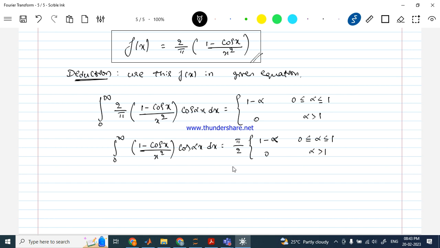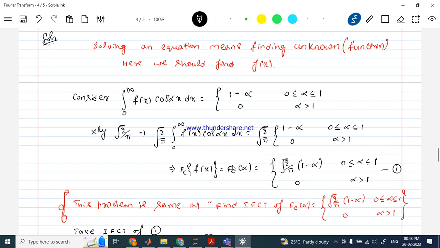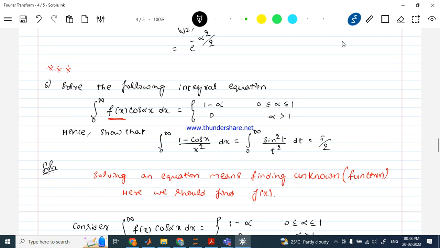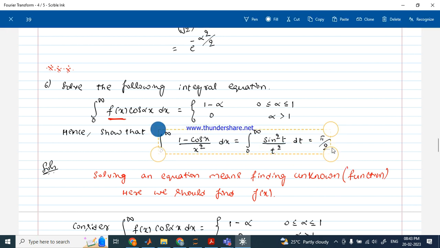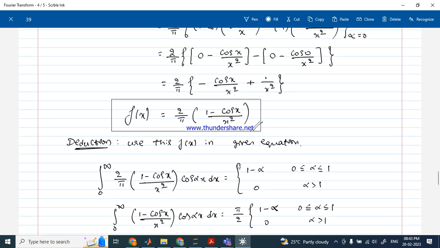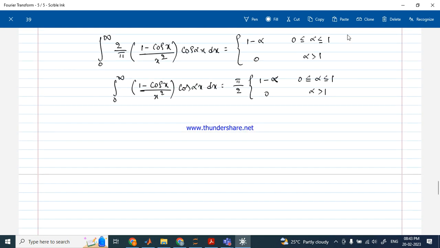So this is what we have, and look at my requirement. My requirement is this. Let me just copy and paste it here so that we can see what we want here.